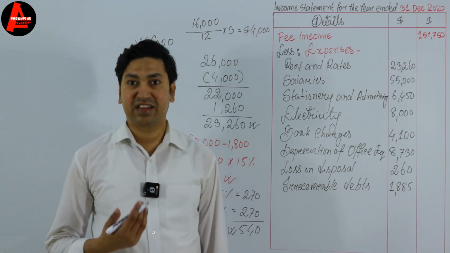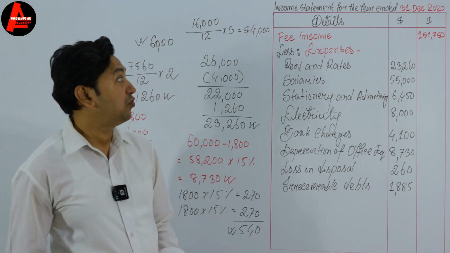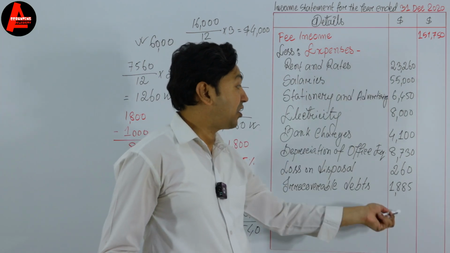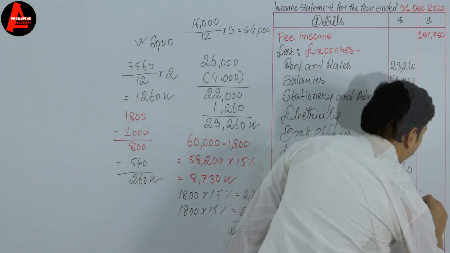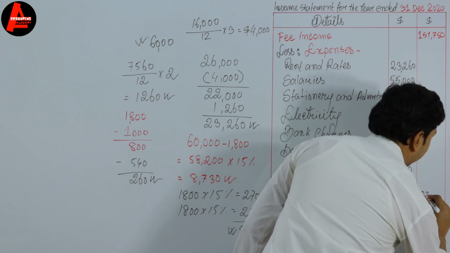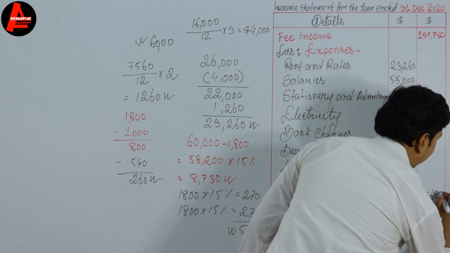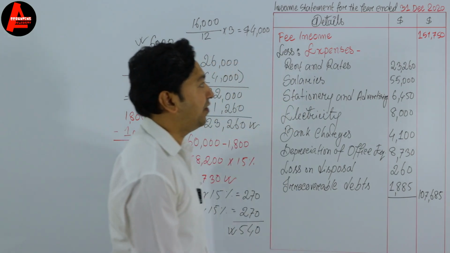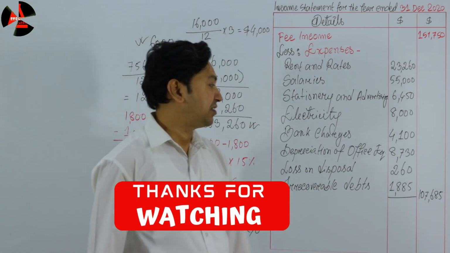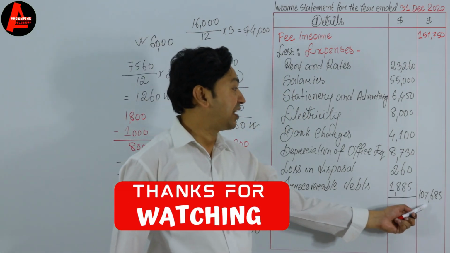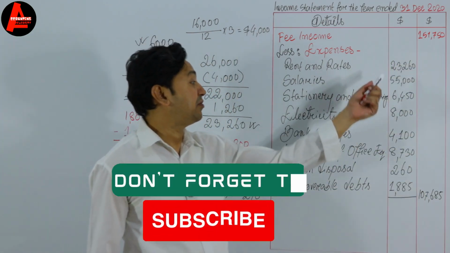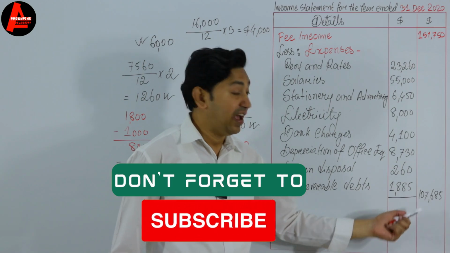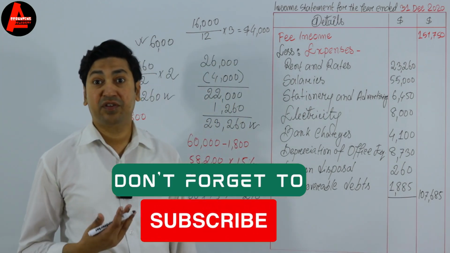Now we will calculate. First of all, we will sum up all these expenses. So we get $107,685. This is our total expense. Now we will subtract this expense from this income. We see our income is much greater than expense, so obviously there will be a profit for the year.